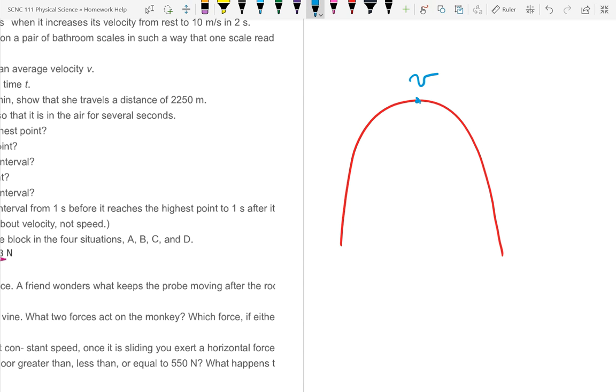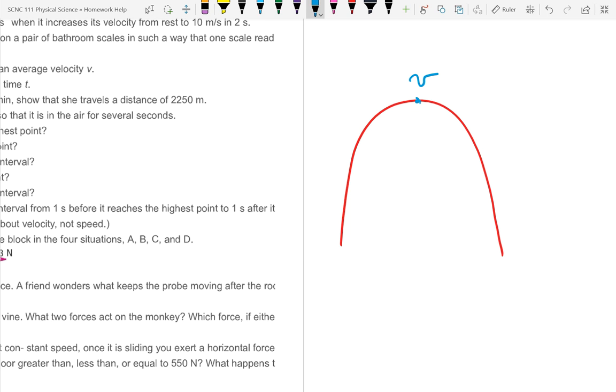Acceleration and velocity are tightly aligned because of that relationship. Velocity is the rate of change in position. When the ball is going up, its position is going from here to somewhere higher. You take the distance it traveled divided by the time, and that gives you the speed. The fact that it was going up gives you the direction. So going up, it had an upward velocity.